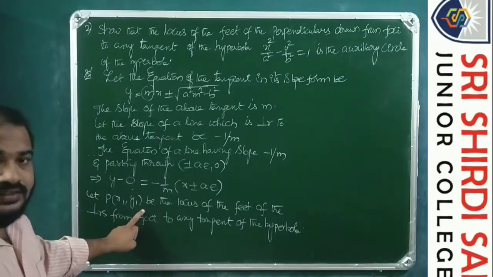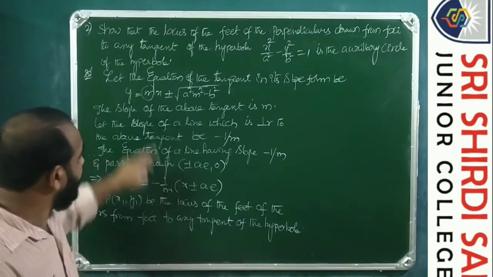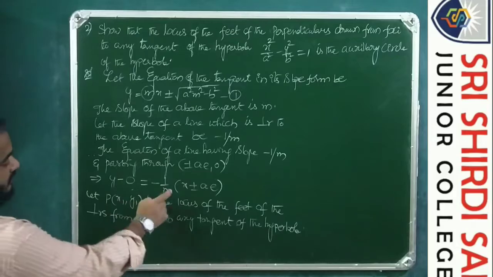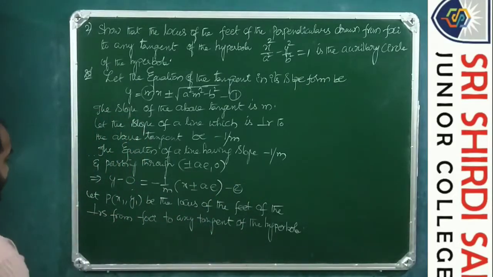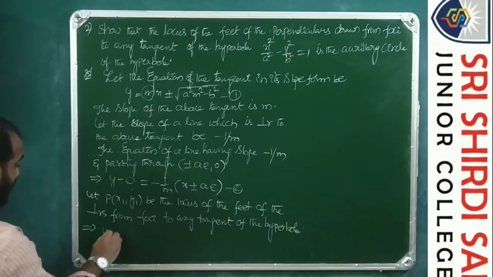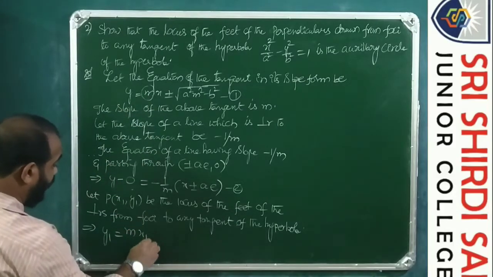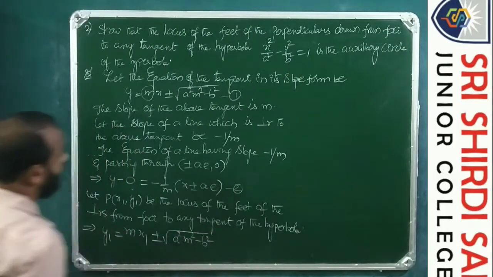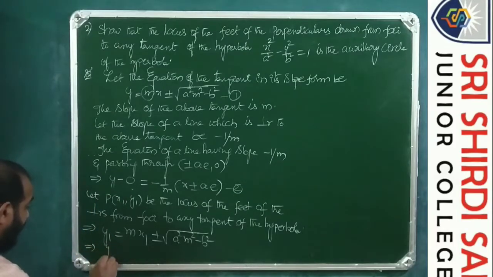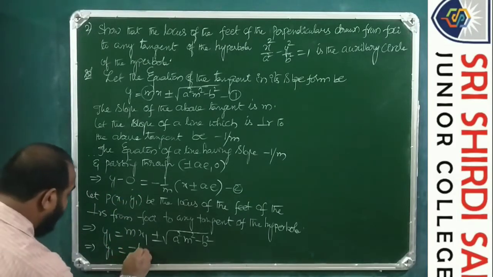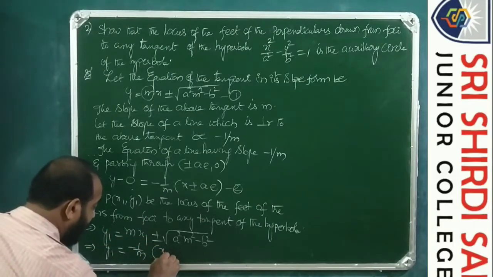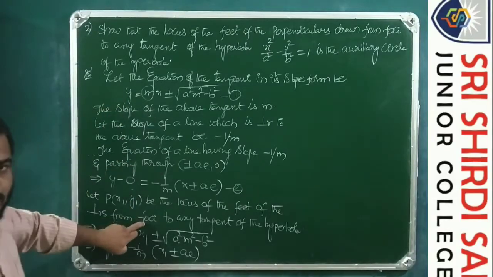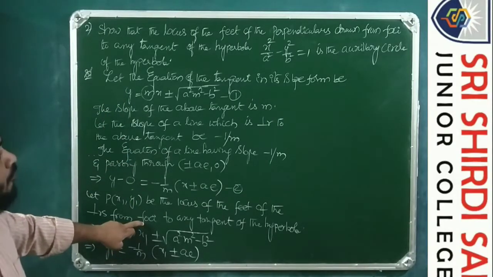Since P(x1, y1) is the point of intersection of both this line and this line, that means y1 is equal to m x1 plus or minus square root of a square m square minus b square, and y1 is equal to minus 1 by m into (x1 plus or minus ae), because these two lines are passing through the point of intersection P(x1, y1).